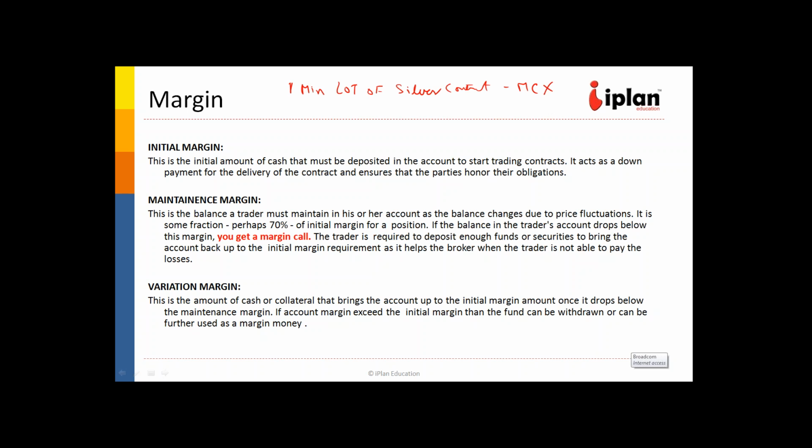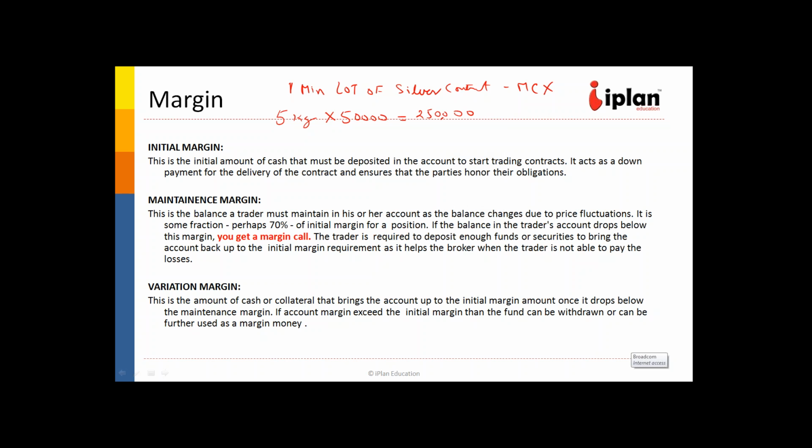Okay, so one mini lot involves 5 kgs of silver, and the price for 1 kg is, let's suppose, 50,000. So for 5 kgs it will be around 250,000.